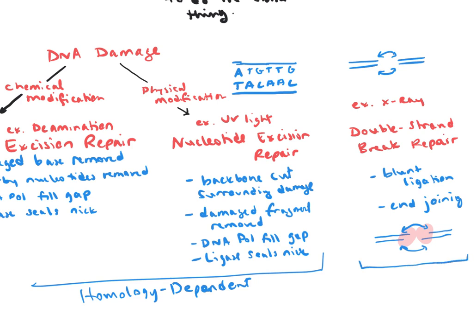Double-stranded breaks are non-homology dependent because they do not use the sequence that is in the original strand. They just try to fix that break. So non-homology dependent pathways can lead to deletions and insertions and other types of mutations, but at least there aren't double-stranded breaks in the DNA.